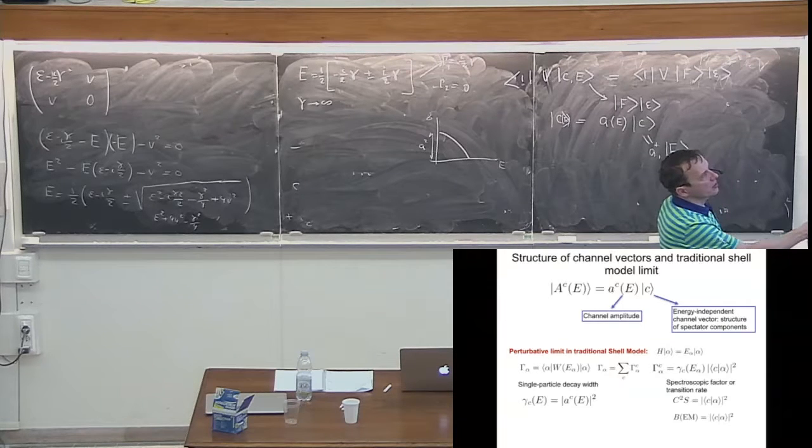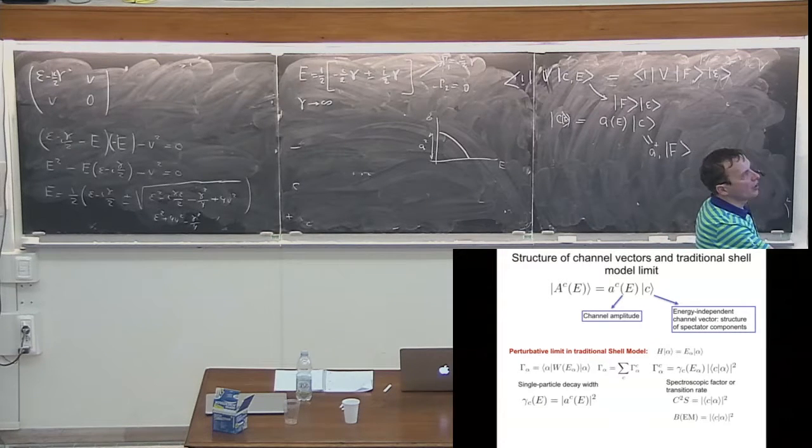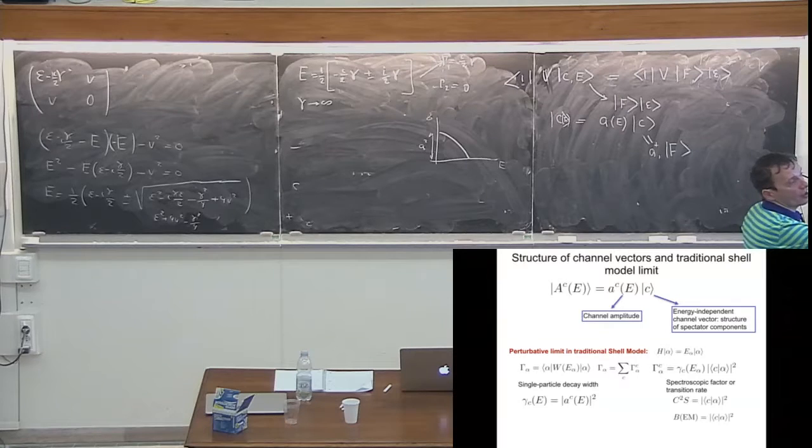So what happens here is that in perturbation theory, assuming the widths are small, you take the expectation value of your W, and you immediately find from the factorized form that this width is a sum over all open channels of partial widths.